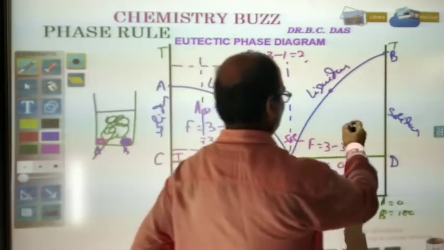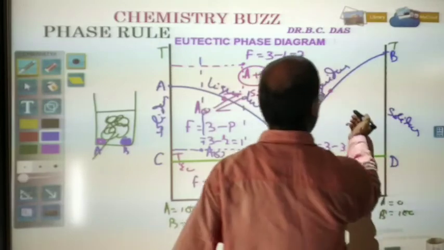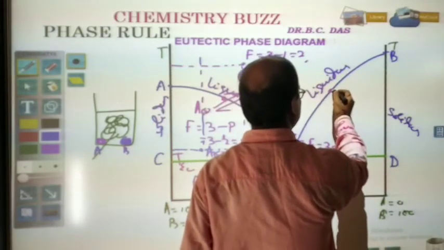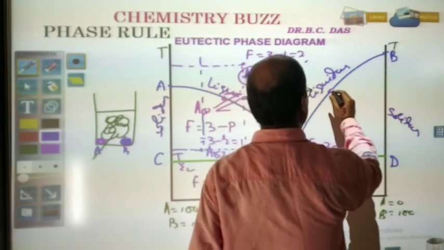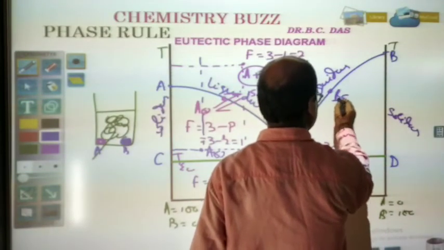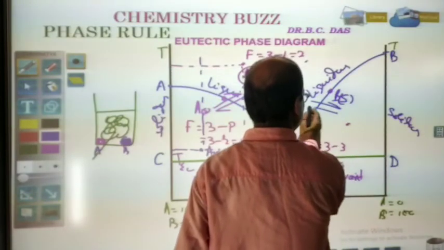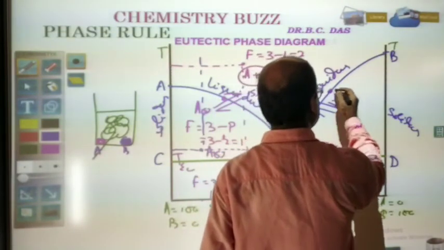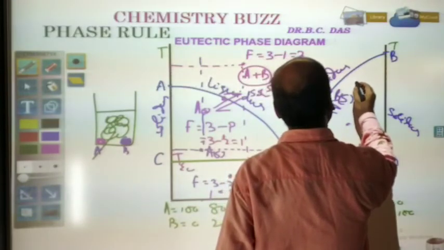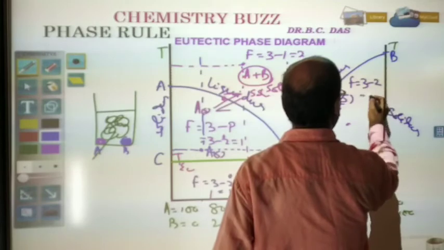So this point is similar to this point, and again we have taken a point here. At this point solid B is formed, and the solution is in equilibrium. So there are two phases, and the degree of freedom is F equal to 3 minus 2, that is 1.